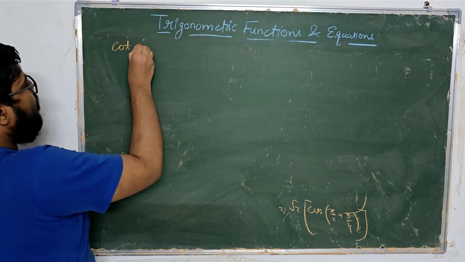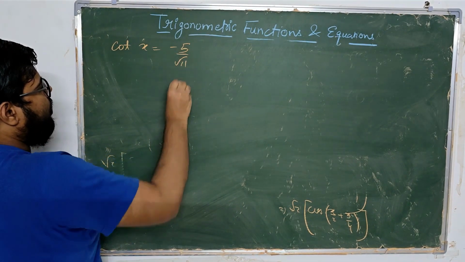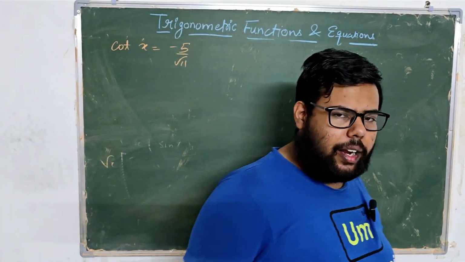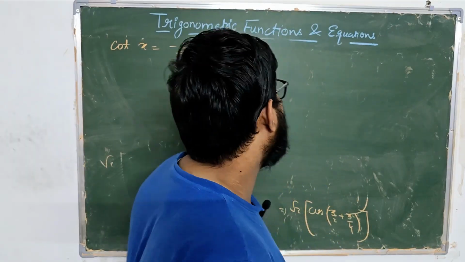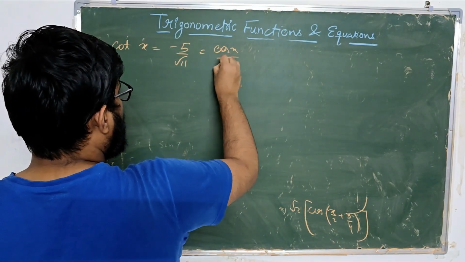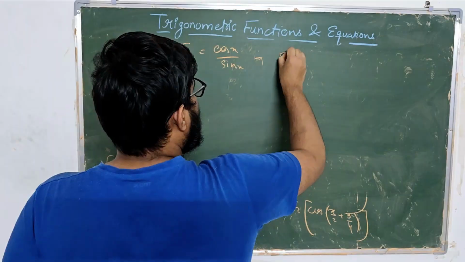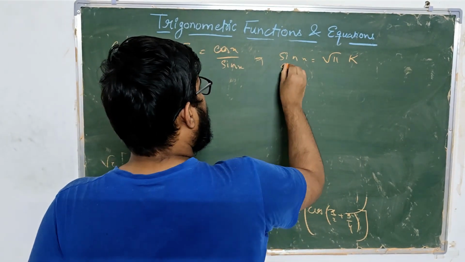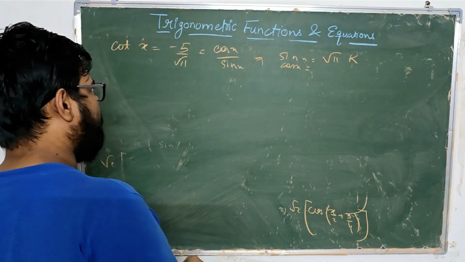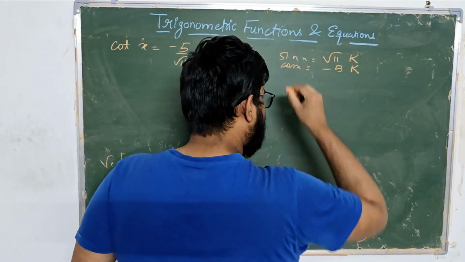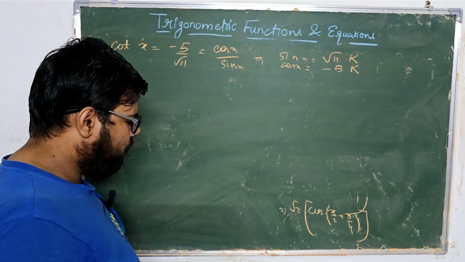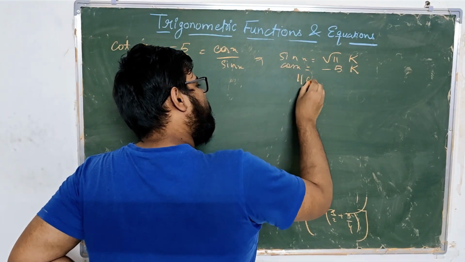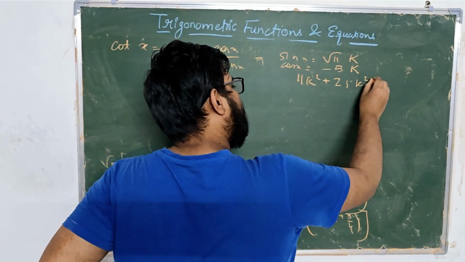So cot of x is negative 5 by root 11, okay? Now either you can make a triangle and then solve for sin x and cos x, or you can just assume it as cos x by sin x. So we can say sin x is root 11 times some k, and cos x is negative 5k. Now just apply sin square x plus cos square x is equal to 1, okay? 11k square plus 25k square is equal to 1.